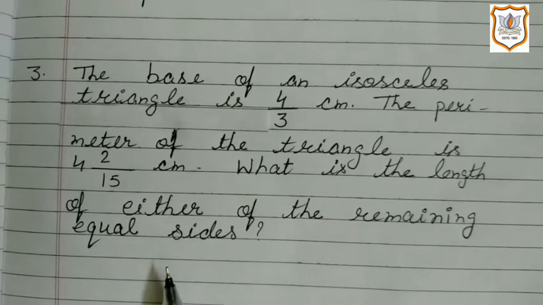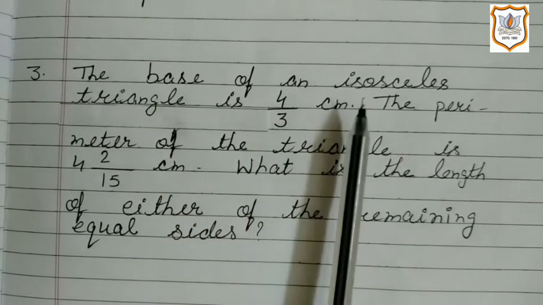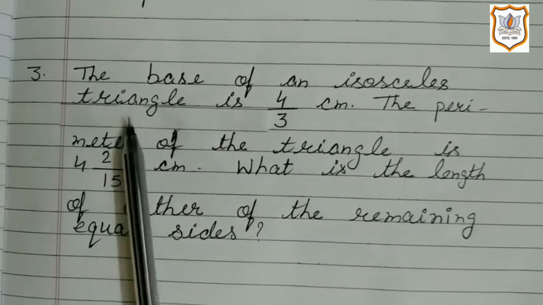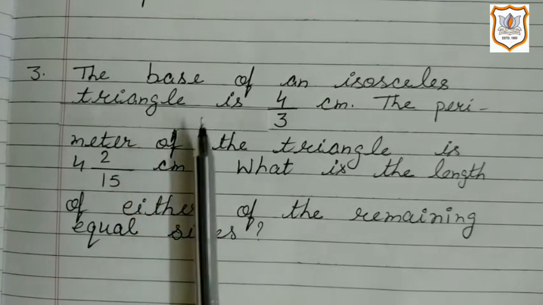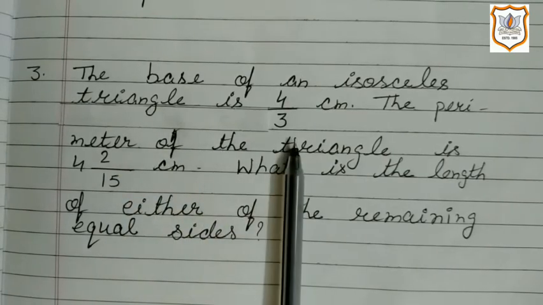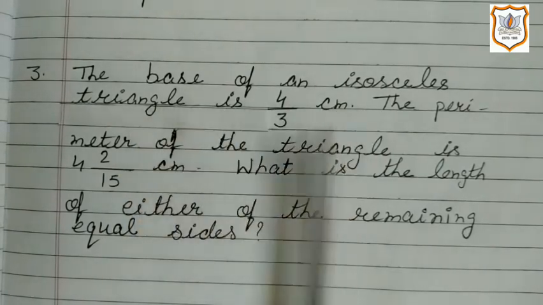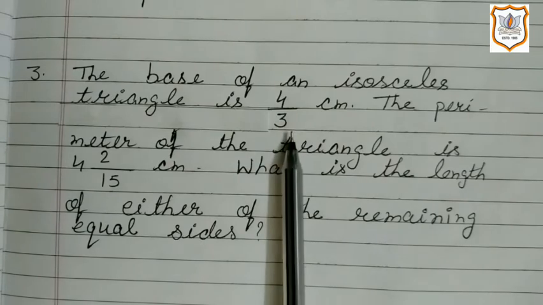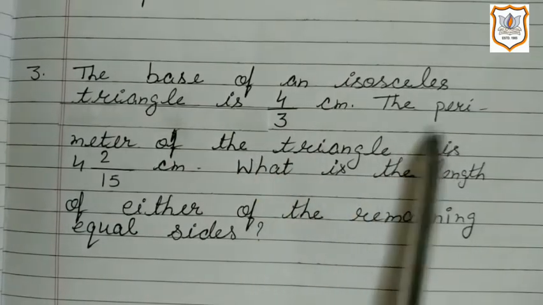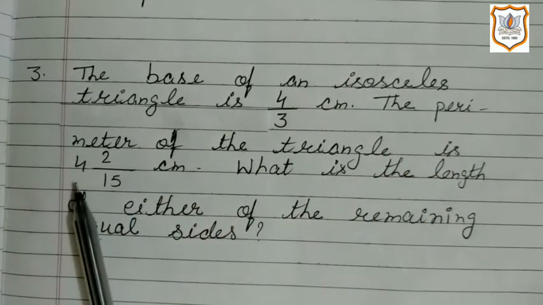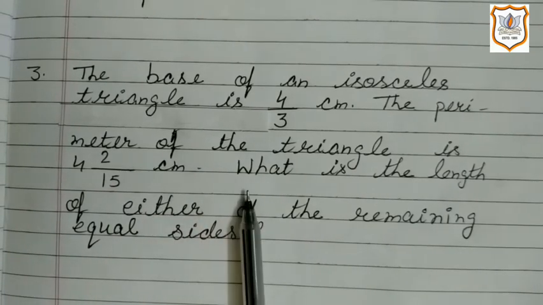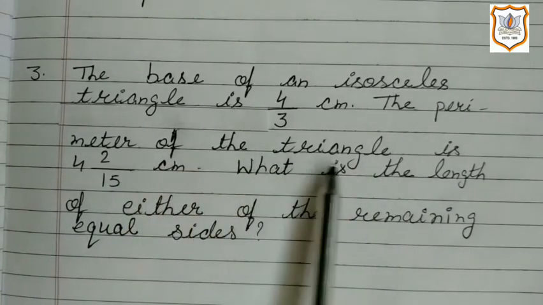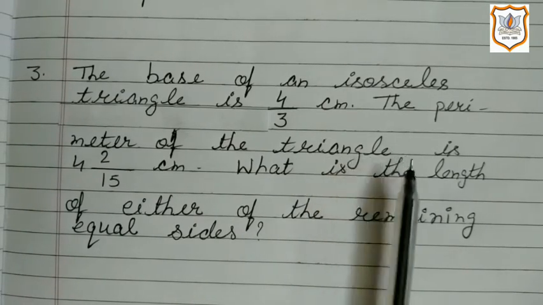So students, as you know, an isosceles triangle has two sides equal. Here the base of the triangle is given. The base is 4/3 and the perimeter of the triangle is 4 2/15. As you know, the perimeter of a triangle means the sum of all sides.